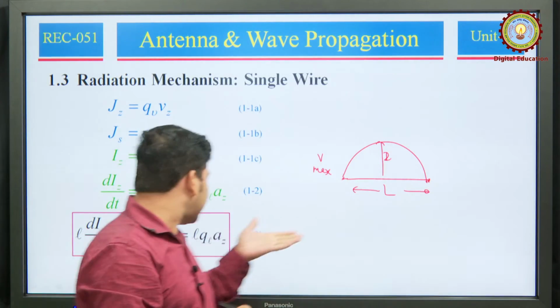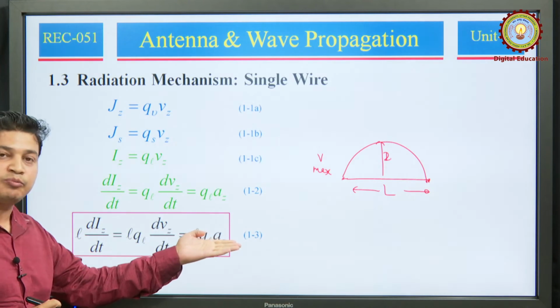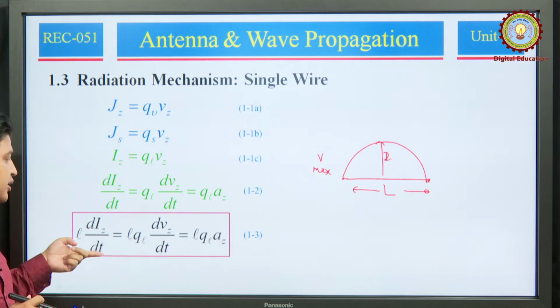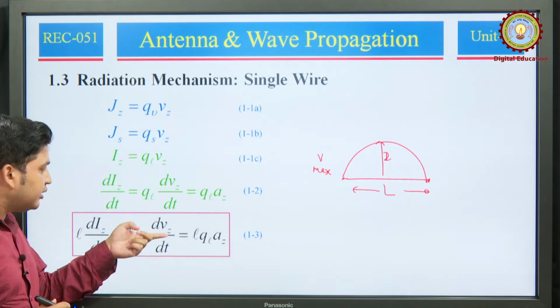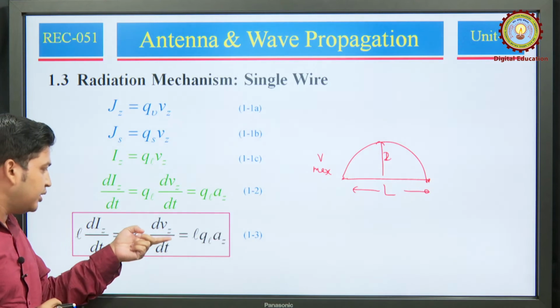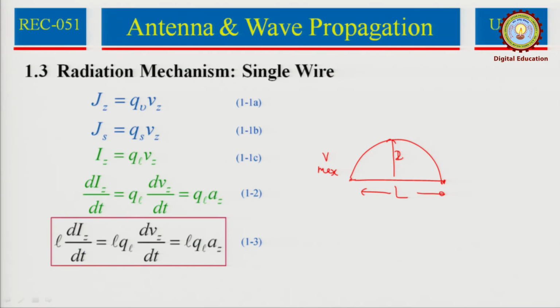This is the basic radiation condition equation, where q is the charge and v is the velocity of that charged particle.